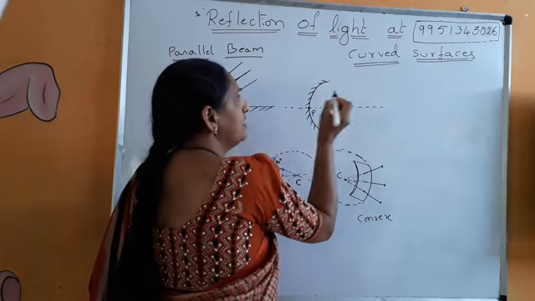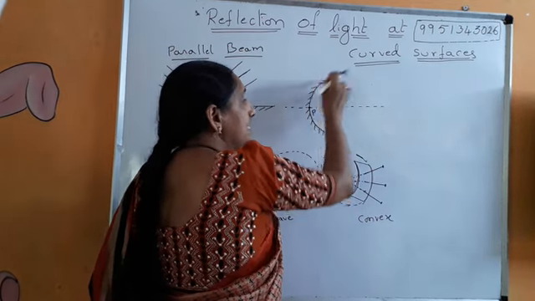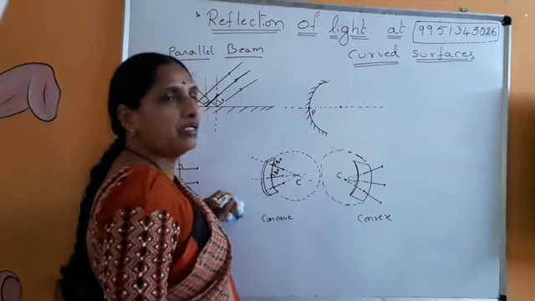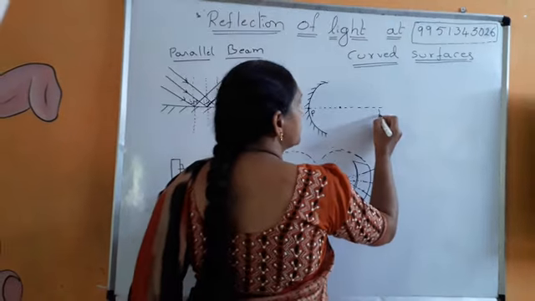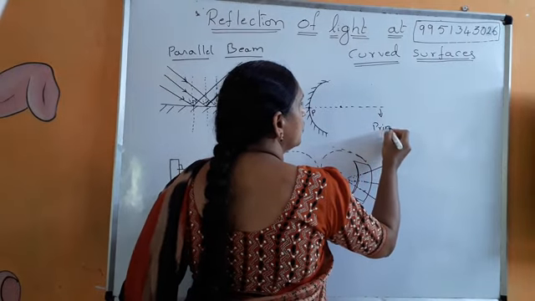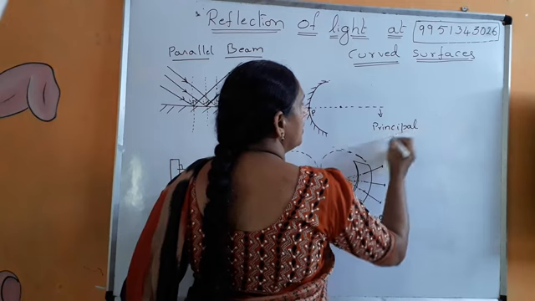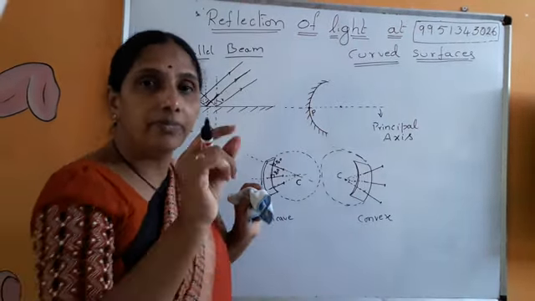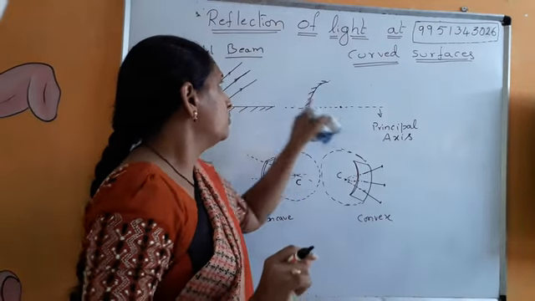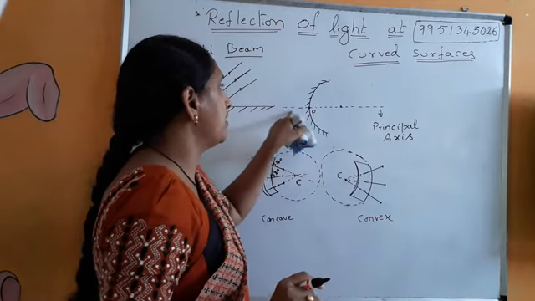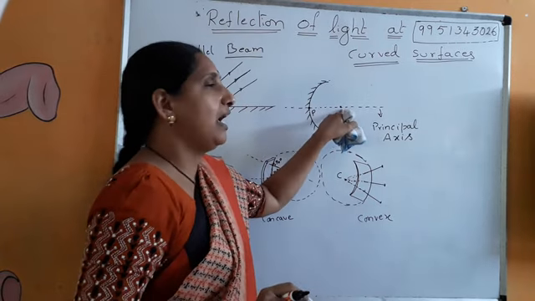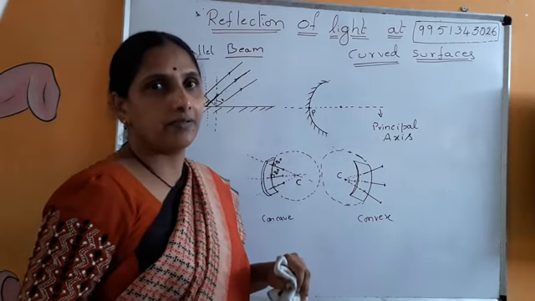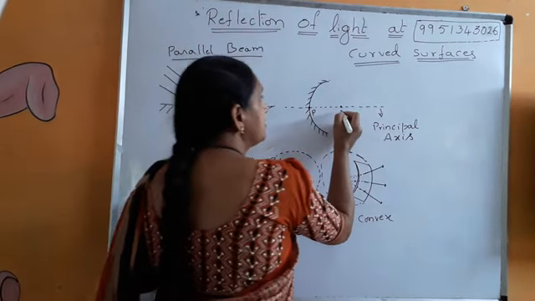A line passed through this point as well as through the center of curvature is called the principal axis. An imaginary line which passes through the pole of the mirror and the center of curvature is called the principal axis.